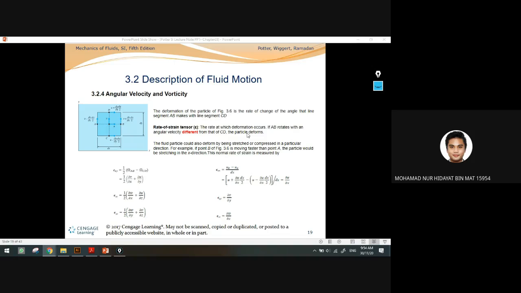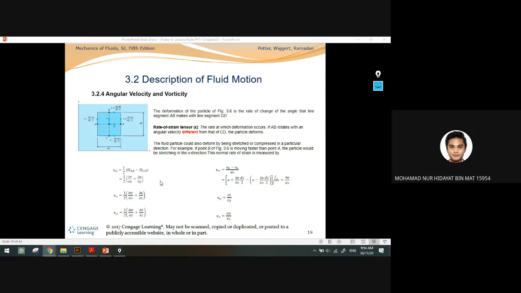When we talk about the rate of strain tensor, it is different. Previously, we learned that the angular velocity is the average. Average is the plus; we add something and then divide by 2. However, how about the difference? That means the difference is minus.